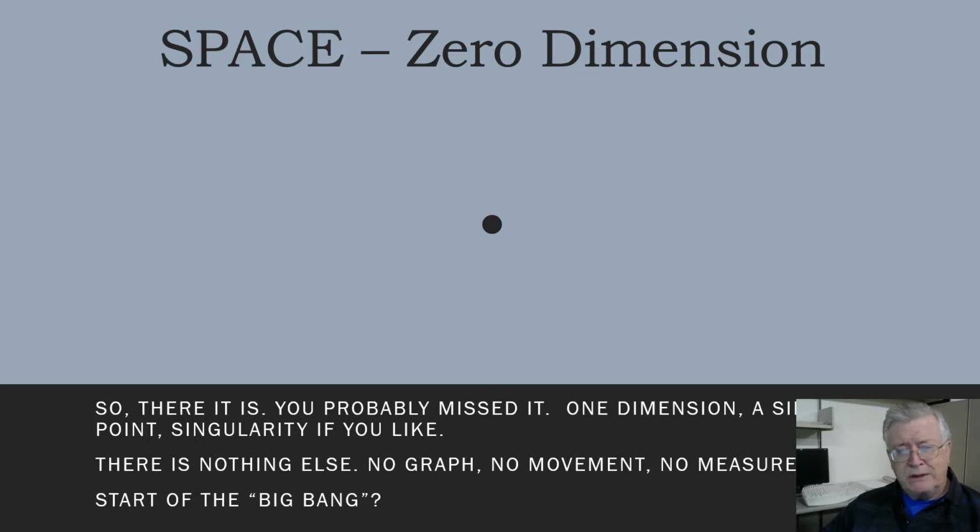Zero dimensions, a single point, a singularity, if you like, you can call it that. There's nothing else. You can't do a graph. There's no movement. There's nothing to measure. And food for thought. What if this is the start of the Big Bang? Zero dimensions.